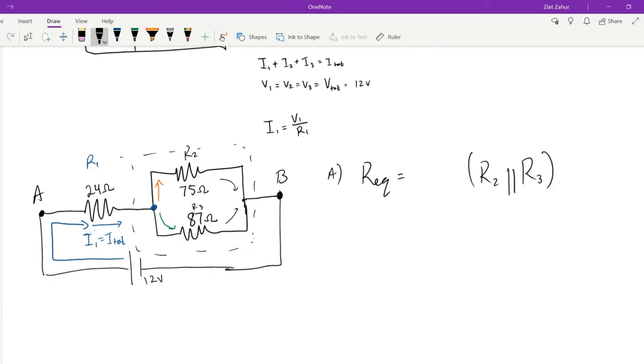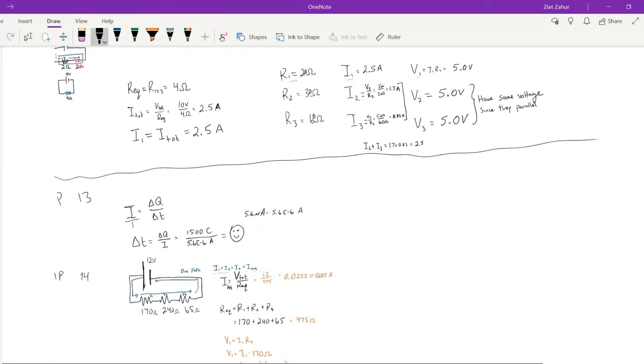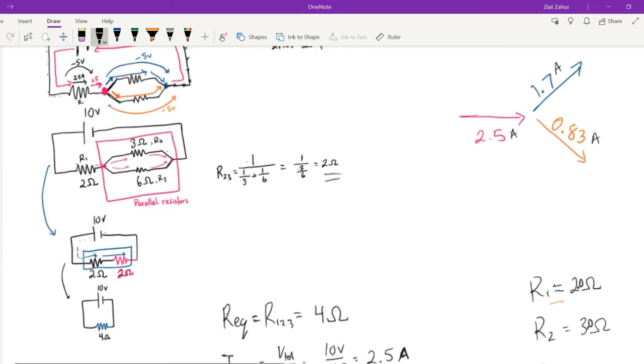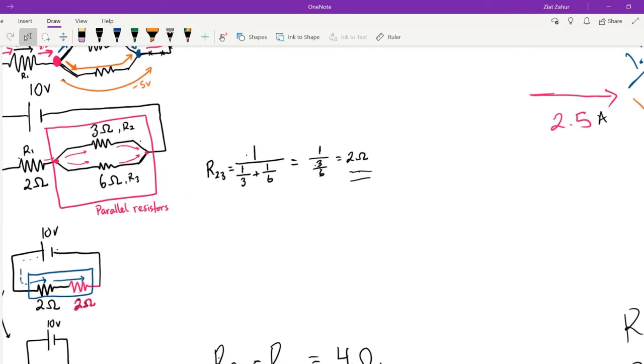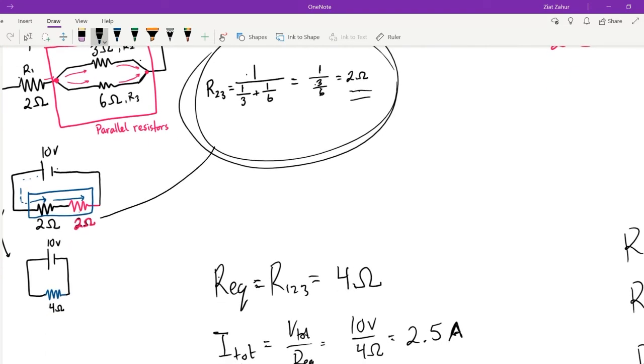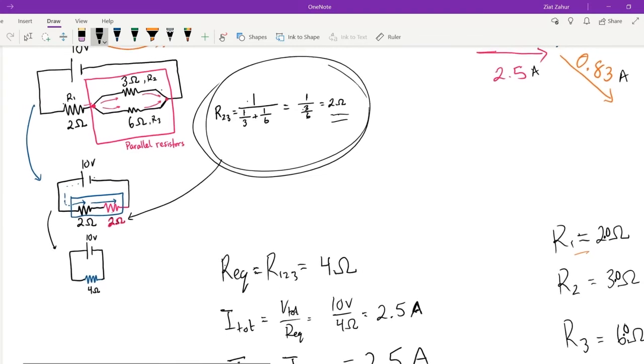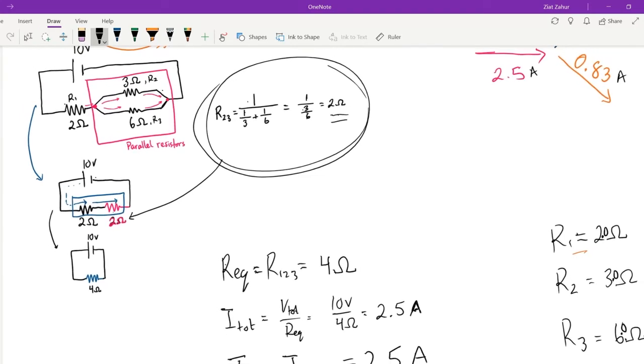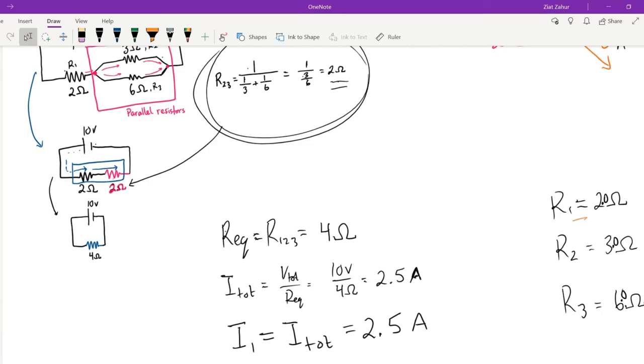But once they are parallel, they combine and are in series with R1. If you take a look at the first example we did today, that's essentially what we did. We found the parallel component, the R23, and then we added them up because now they are in series with the one in the front.